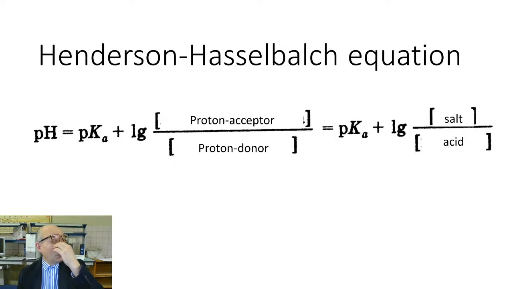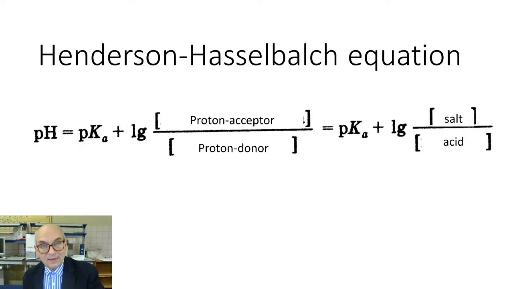Remember, I said the number of moles of sodium acetate was 1 mole in my previous example. The number of moles of the buffer acid, acetic acid, is 0.5. So, under the logarithm, the ratio is 1 by half. It means logarithm of 2.